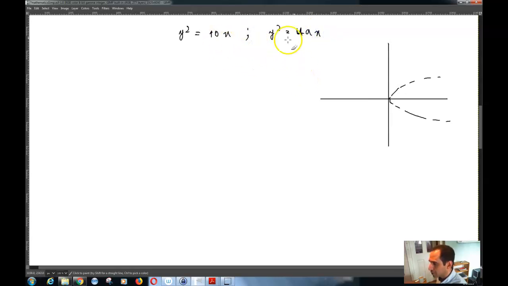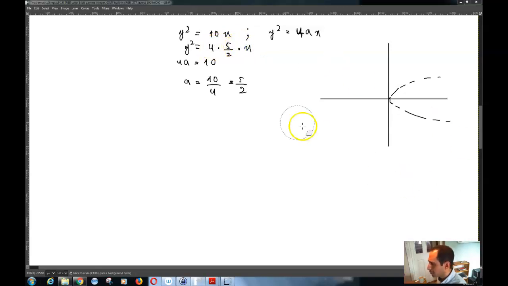That means that if 4a is equal to 10, then a is equal to 10 fourths, which is equal to 5 halves. So I can write this as y squared is equal to 4 times 5 halves times x, and that means that my a is equal to 5 halves, or 2.5.